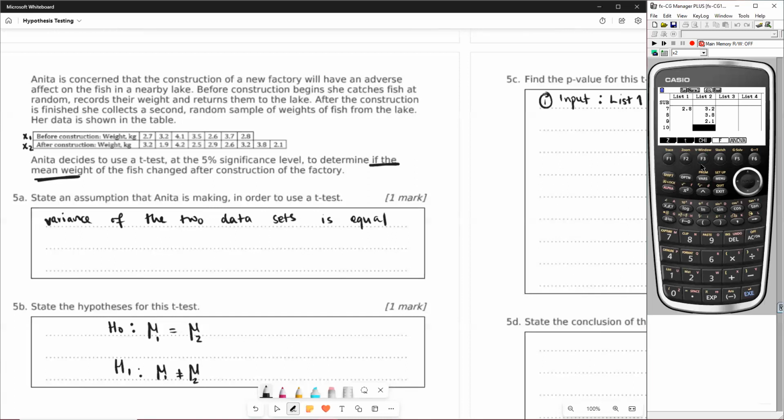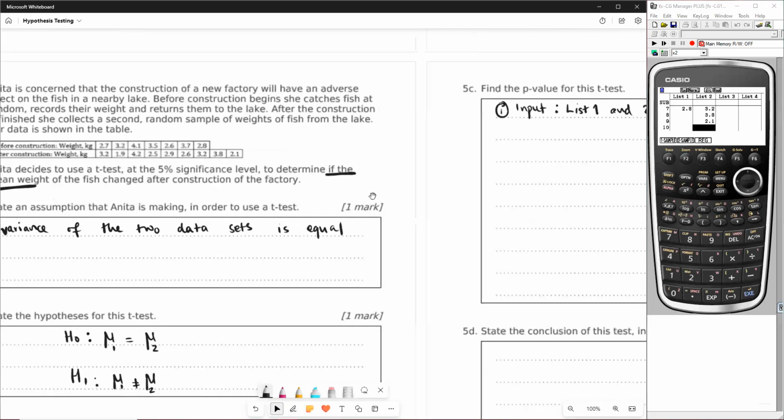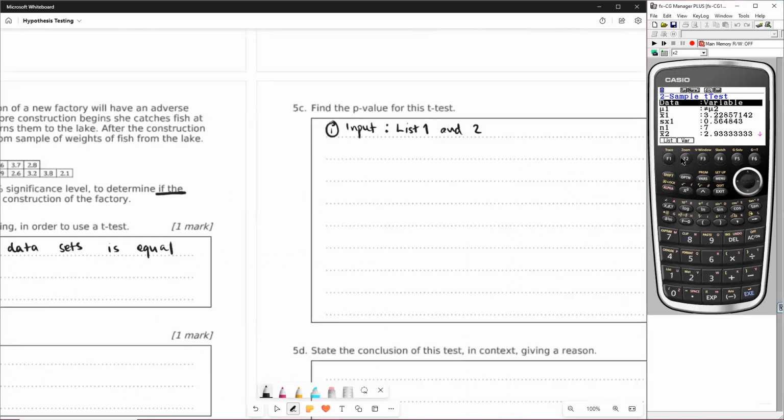Then we go to tests. Again, statistics tests. This time we're doing a t-test, and it's a two-sample test. We have the sample we got before the construction and after the construction. So again, you go to statistics, you go to the tests or hypothesis testing, depending on your calculator. You look for the t-test, you look for the two-sample t-test.